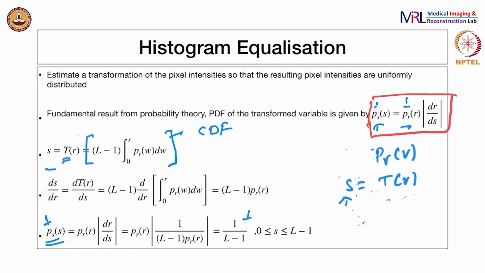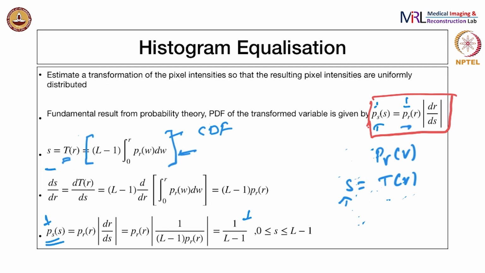I urge you to walk through it. But the idea is we are trying to find a transformation T(R) which will give us the uniform distribution in the synthesized image, and it turns out this transformation yields that. So again, the idea is to make the pixel intensity values uniformly distributed in the synthesized image.